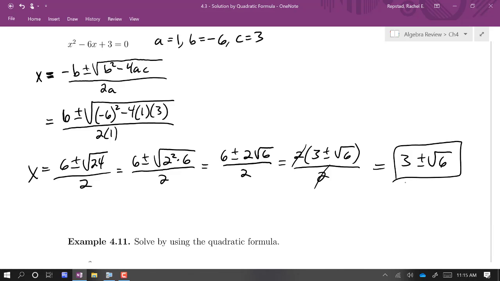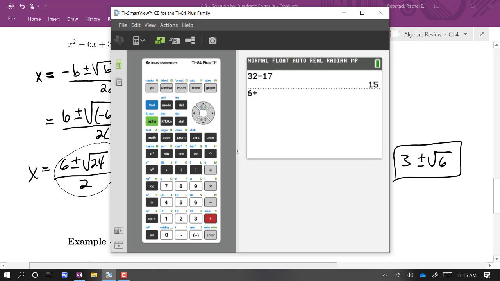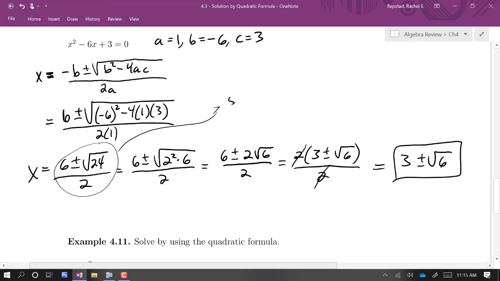If your goal was to solve and get an approximation, well, you can get an approximation really from the get-go here. Or if you like simplifying a little bit first, which is not necessarily a bad idea, you could do that starting from here as well. So we would get, let me be careful here, I'm going to use parentheses around the numerator, 6 plus the square root of 24, close parentheses, divide by 2, and that's 5.45 approximately.